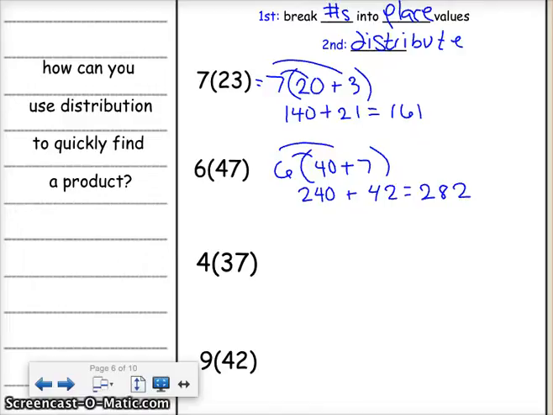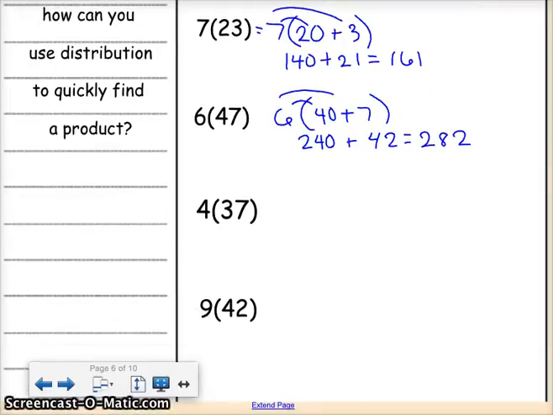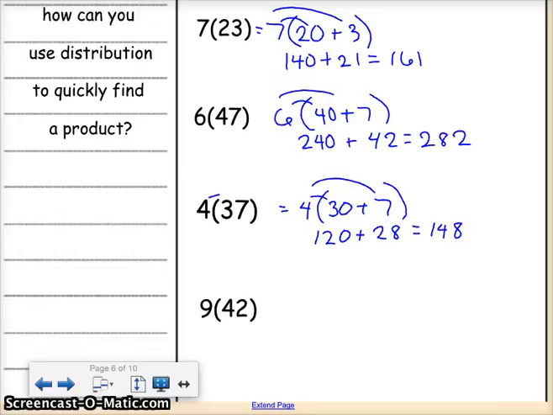Okay, so what I'm doing is I'm taking that number inside and breaking it apart so I can calculate the facts much easier. Again, 4 times 37 would be 4 times, there's a 30, and there's 7 ones. 120 plus 28, 148. You see what I'm doing there? I'm breaking the number up, distributing the outside number, combining them together.